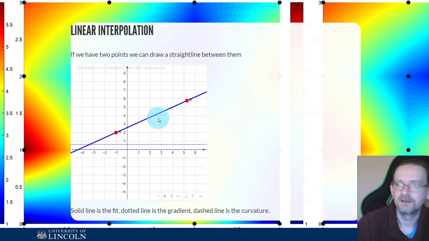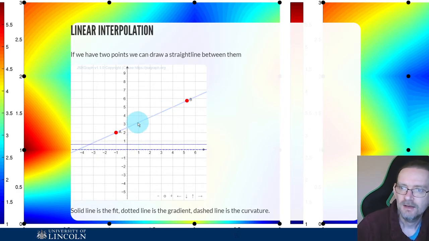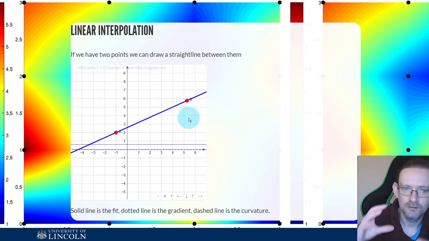the two data points. In general, I'll make this point now whilst I remember, it's a very bad idea to extrapolate. Whilst this point is here and this point is here, it's probably not a bad estimate of the values of the function in between. We've got no idea what the function might do outside this range. So that's why this is called interpolation.